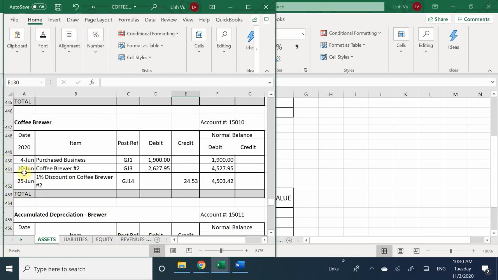On the day that we bought it, June 10th, it was worth 2627.95. Then on the 25th, we made an adjustment to that very same invoice to adjust it for the discount of $24.53.